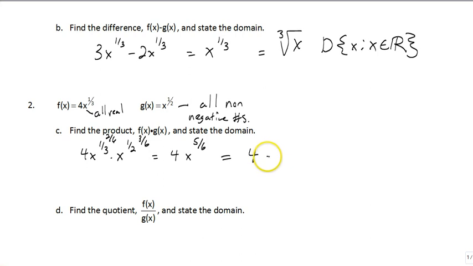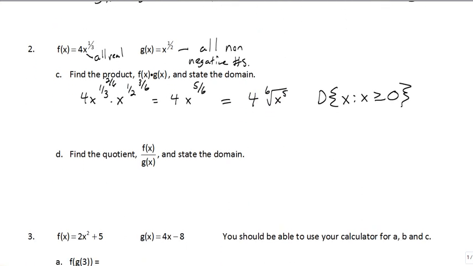So it's the 6th root of x to the 5th. We look at this, it's a 6th root, so we can't take the 6th root of anything negative. So x can be anything greater than or equal to 0. In this case, it can equal 0 because you can take the root of 0.